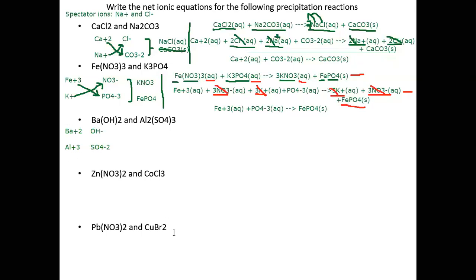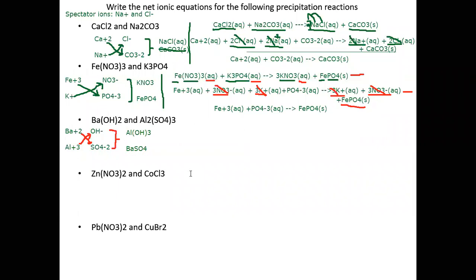And so here we're going to switch the 2 cations to form 2 new products. And so we get aluminum hydroxide and barium sulfate.